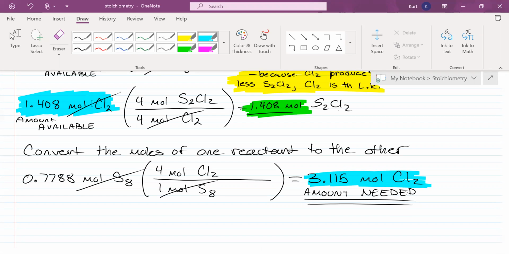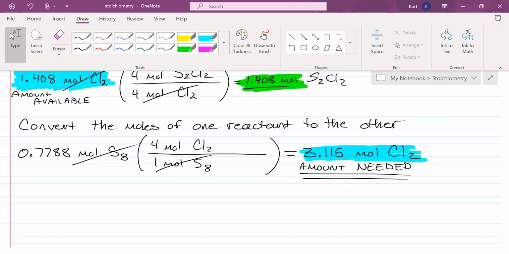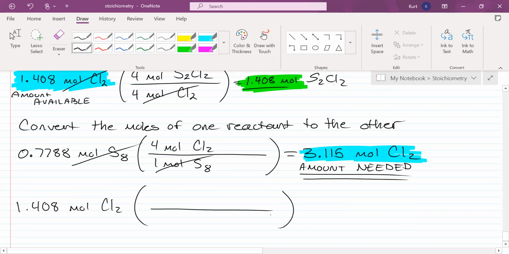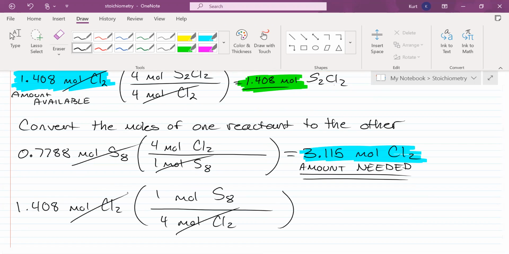So you can go on, and I'll go on just for the sake of it. Let's see, we have 1.408 moles of chlorine. We're going to convert it. 4 moles of chlorine on the bottom, 1 mole of S8 on top. 1.408 divided by 4 is 0.352.